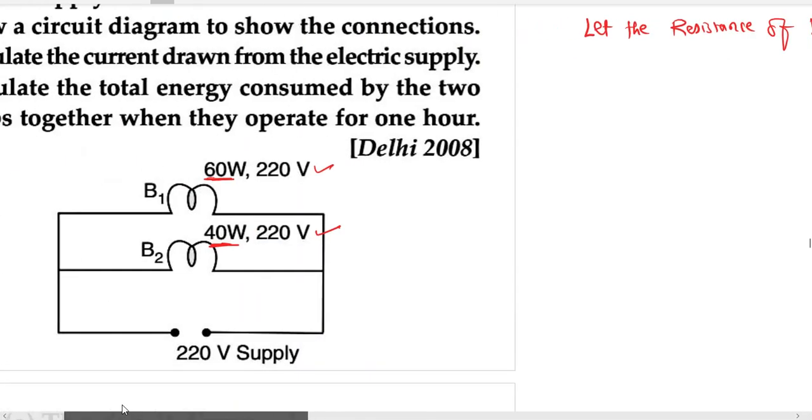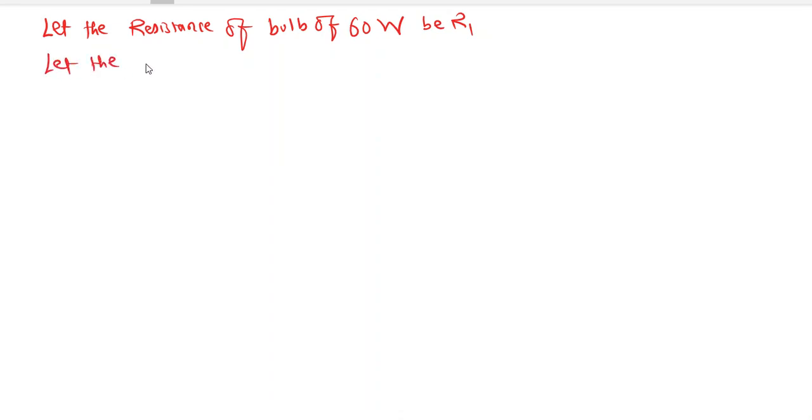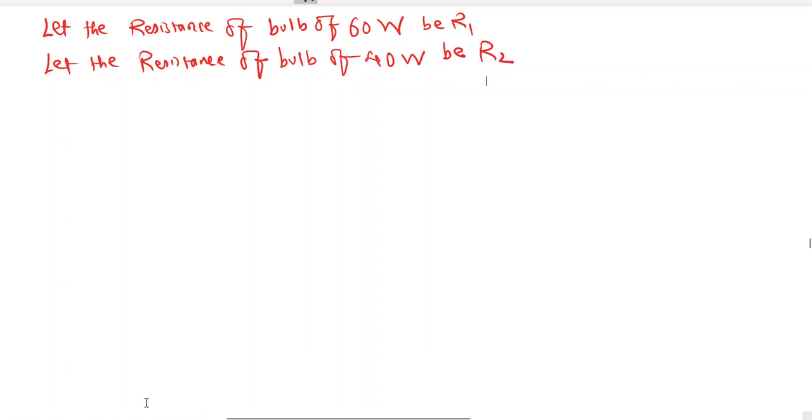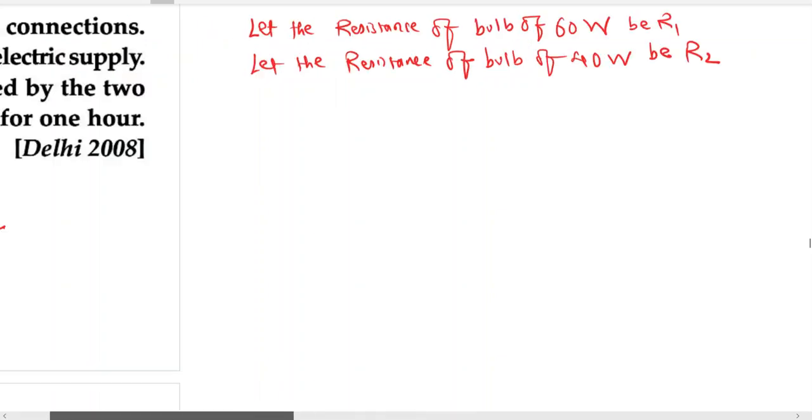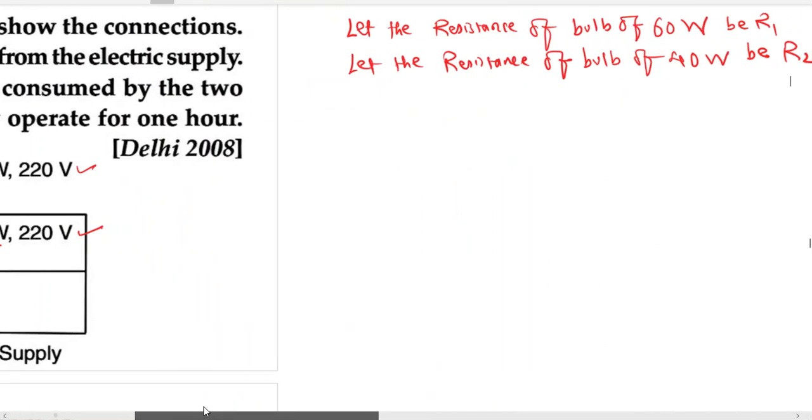Let the resistance of the 60 watt bulb be R1, and let the resistance of the 40 watt bulb be R2. Let's find the value of resistance.